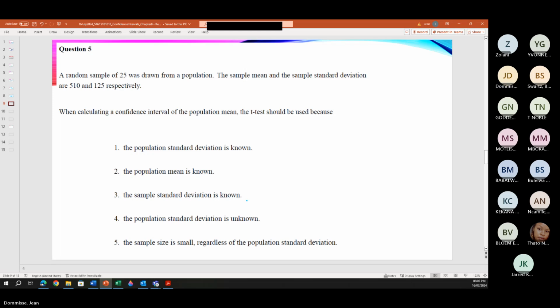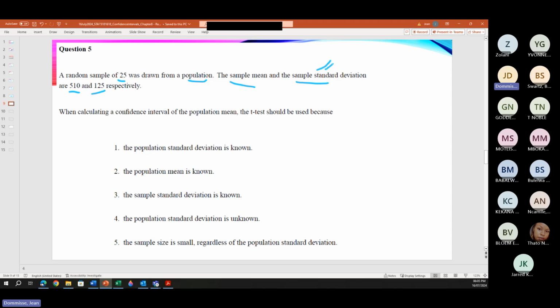So let's look at what they tell us. A random sample of 25 people was drawn from a population. The sample mean and sample standard deviation are 510 and 125 respectively.